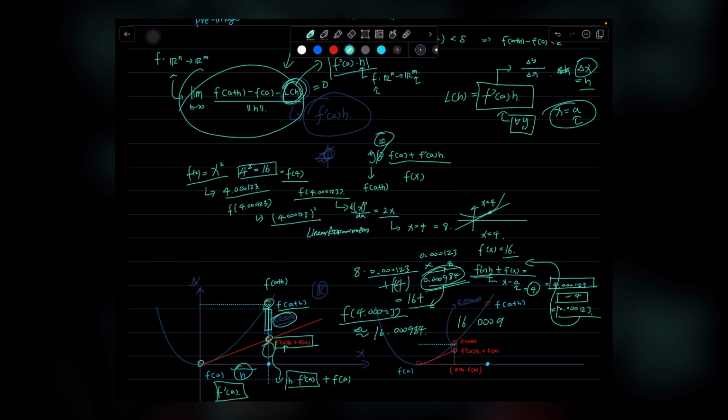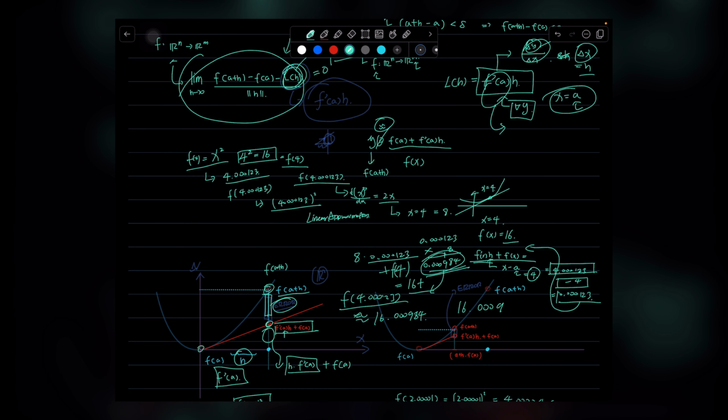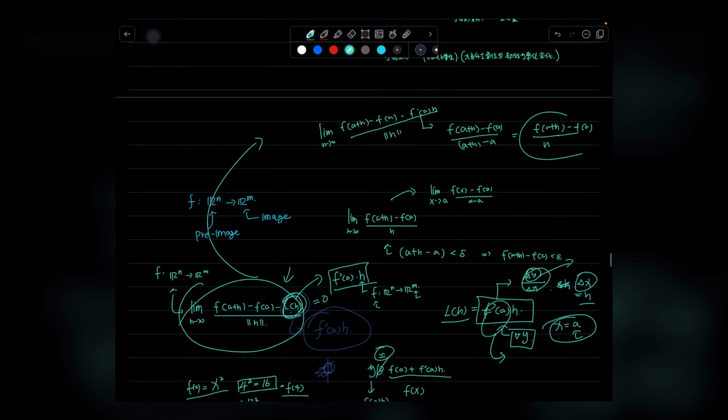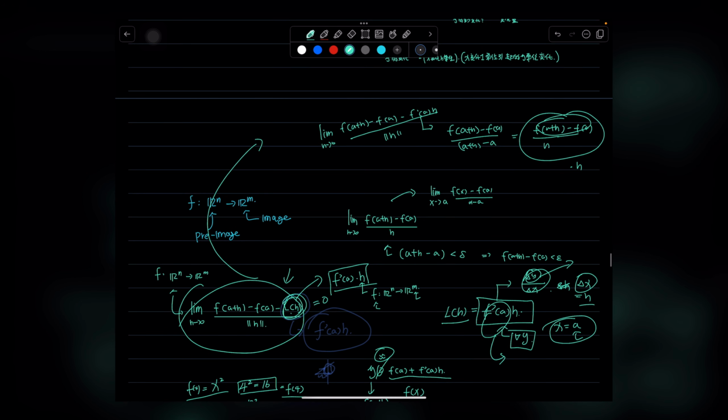Over here, when we multiply x by this expression, we would get the amount of change in y, which is actually the ratio between the amount of change in y divided by the amount of change in x. By definition, this expression times h will be equal to this.